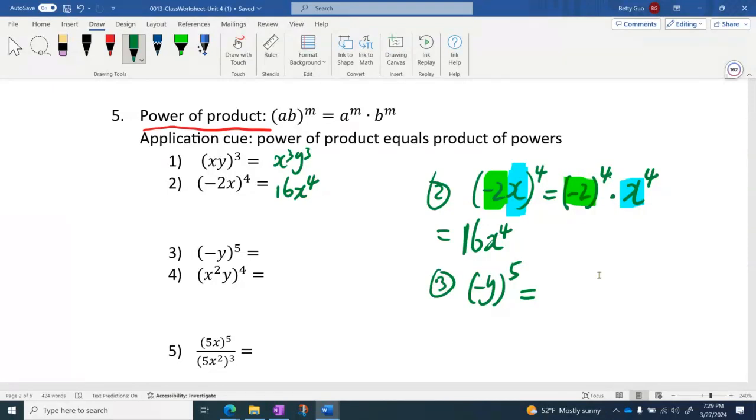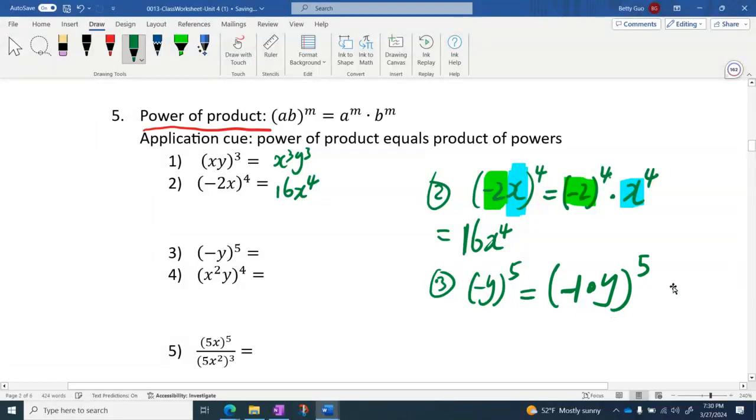Think about when you type in the chat, what's the correct way to type it and to show the correct result? By the way, this can be seen as -1 times y to the power of 5.